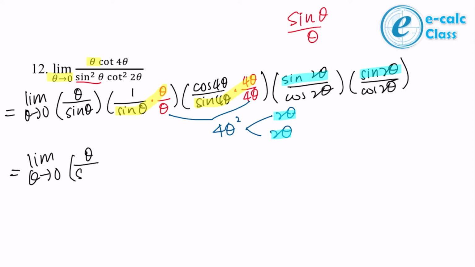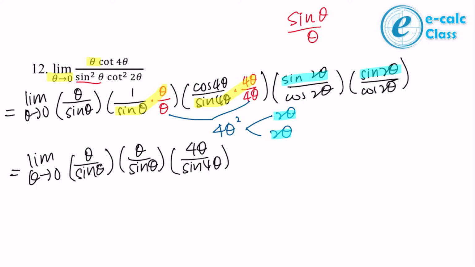So this is just like this, then theta over sine theta, this is a yellow one. Then 4 theta over sine 4 theta. This is a yellow one. And now I'm dealing with the blue color one. I hope you can see this. This theta times 4 theta is 4 theta squared. And this 4 theta squared, because I need 2 theta in order to make this and this.